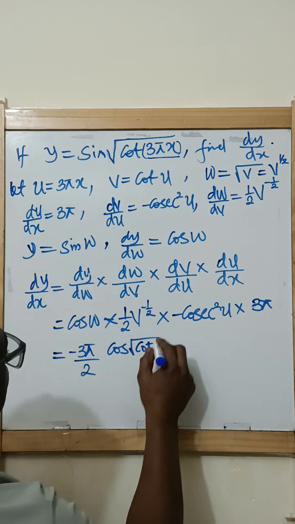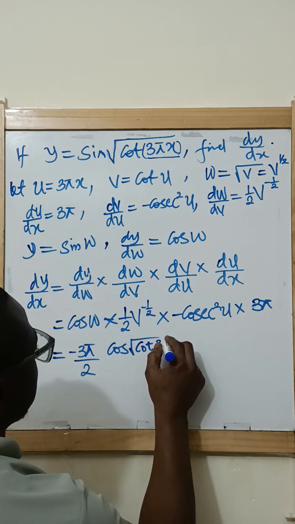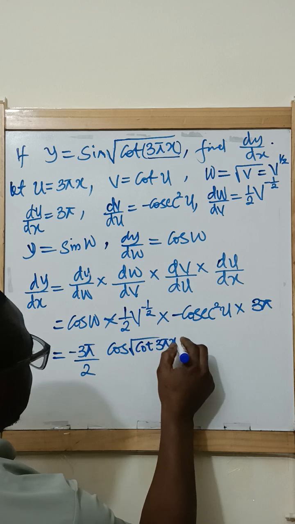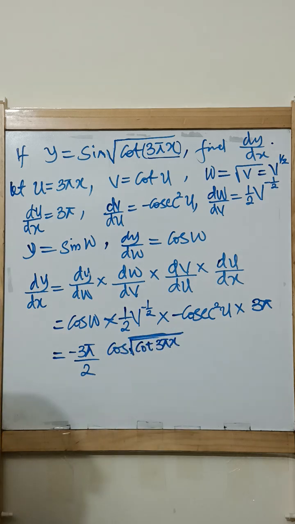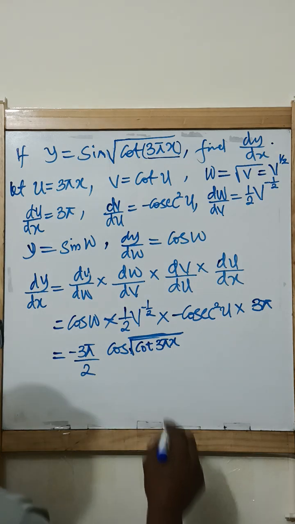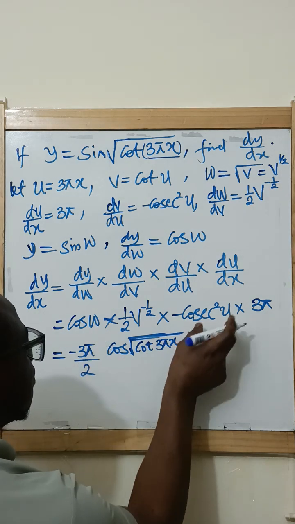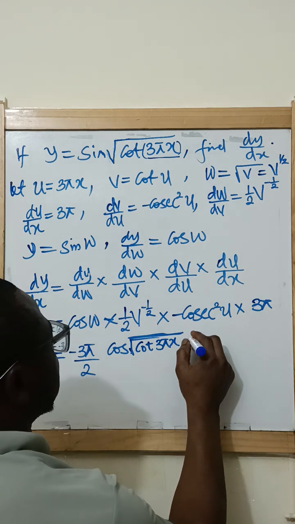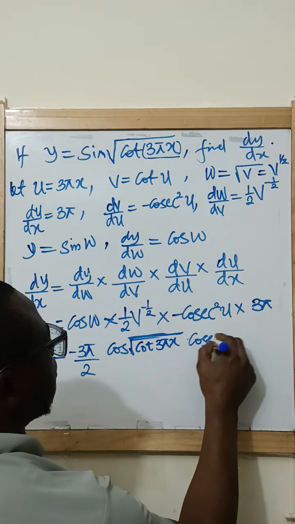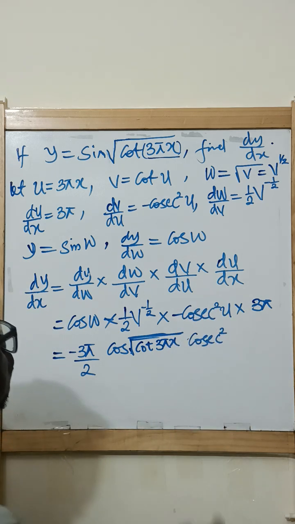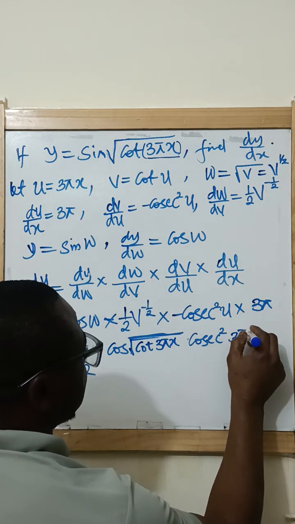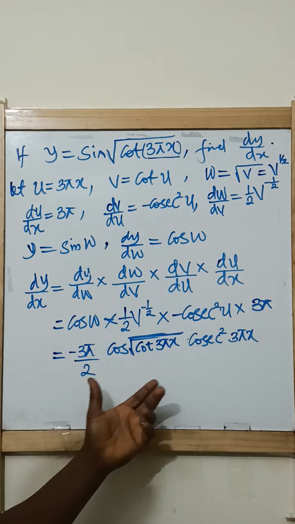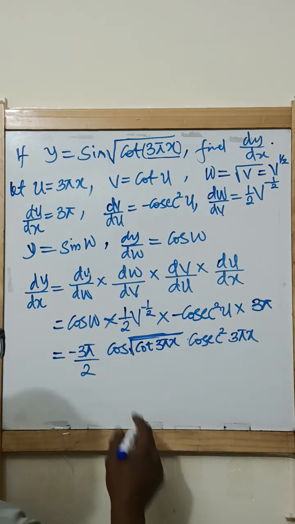U is 3 pi x. You see that? So that's how we replace it. Then this one is times cosec squared u. So what is u? 3 pi x.